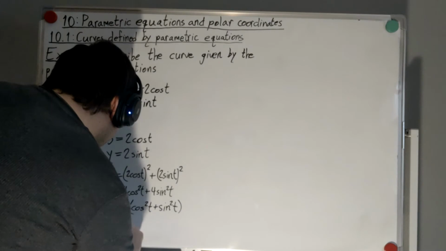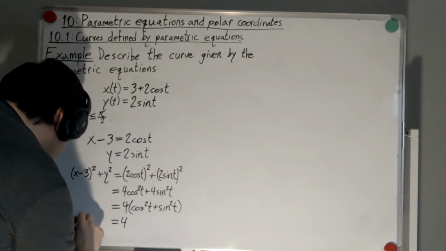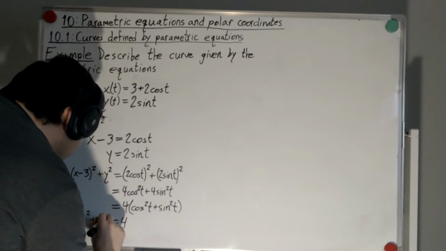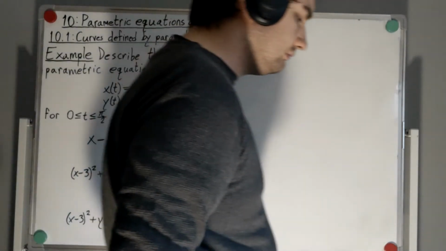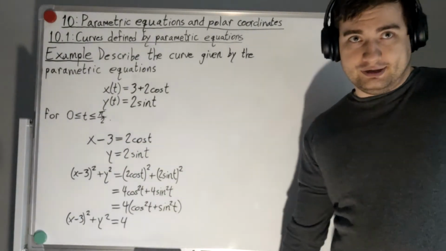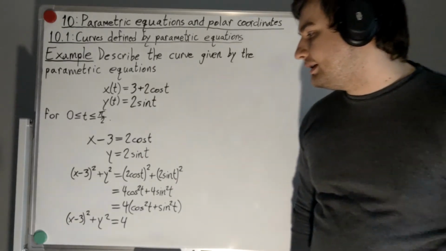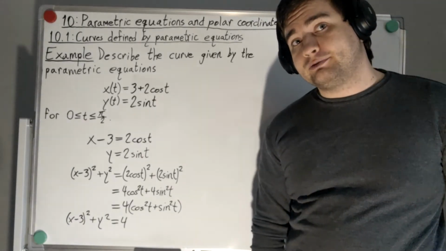So then this is just 4. So we have x minus 3 squared plus y squared equals 4. Now, hopefully at some point in pre-calculus, you learned that this happens to be the equation of a circle. A circle centered at the point 3, 0 with a radius of 2.